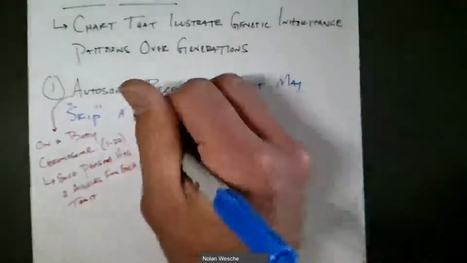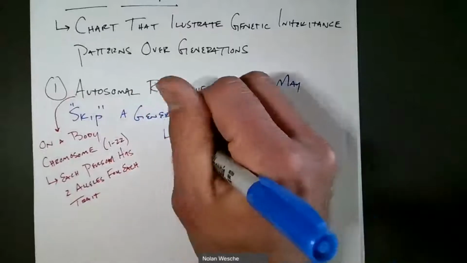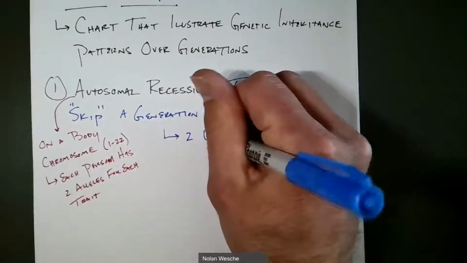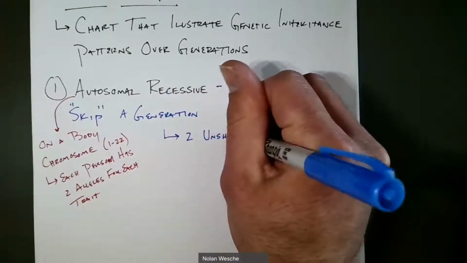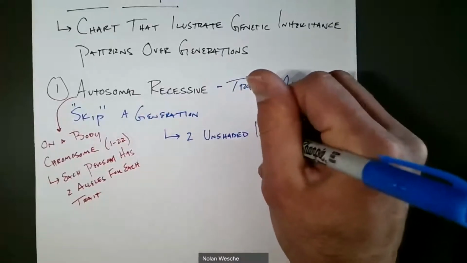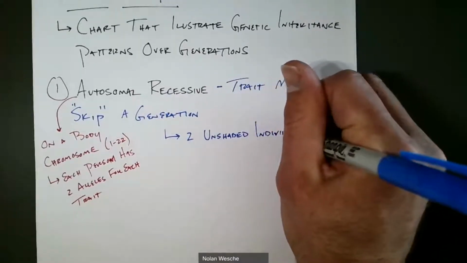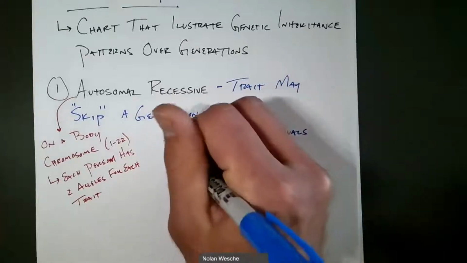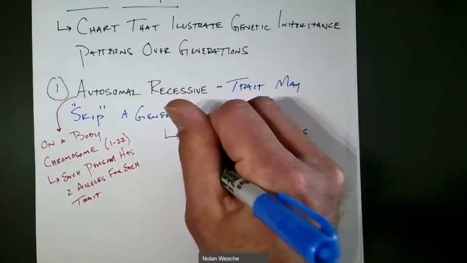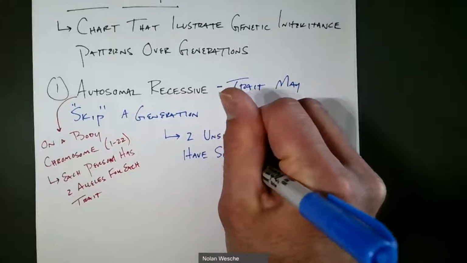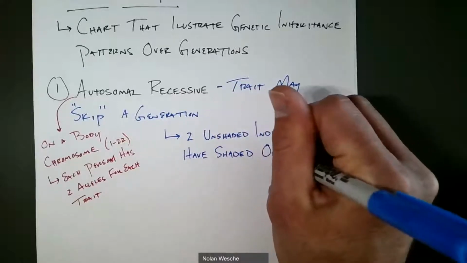If a trait is skipping a generation, what we're looking for is 2 unshaded individuals having shaded offspring. That's kind of the giveaway you're looking for.